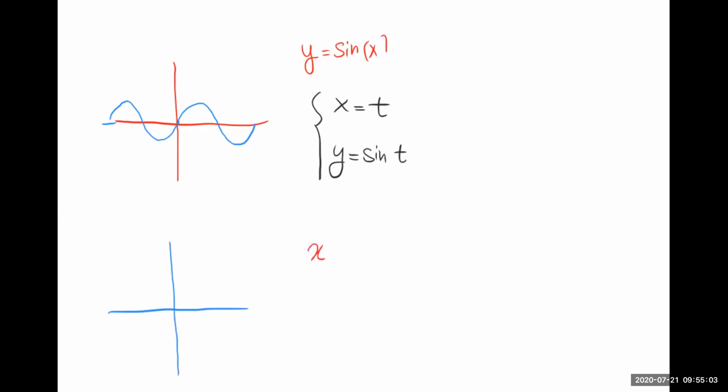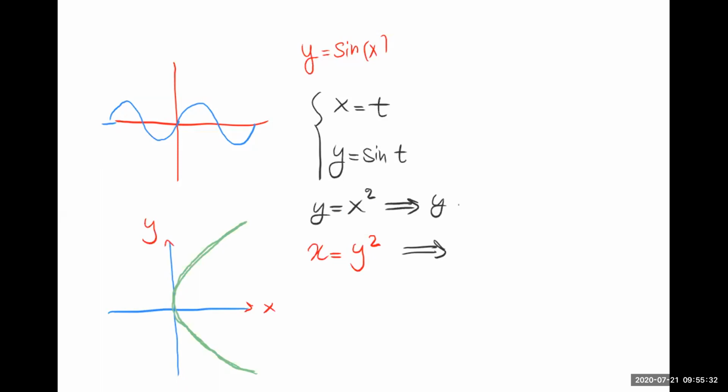So we might have x equals y squared. The graph of this, you see, this is x, this is y. x equals y squared would be something like this. We've changed the roles of x and y. If they ask us to give a parametrization of this, here x is a function of y, whereas before y was a function of x.